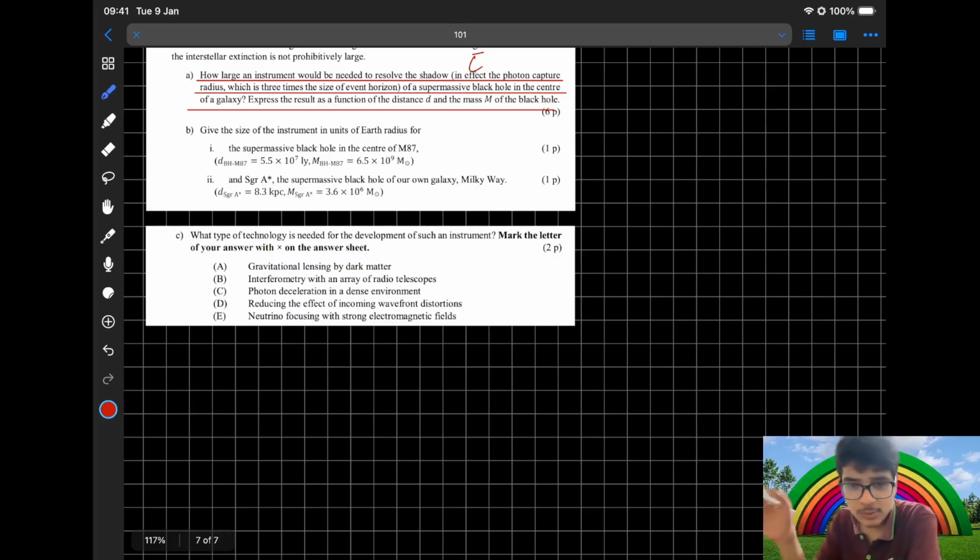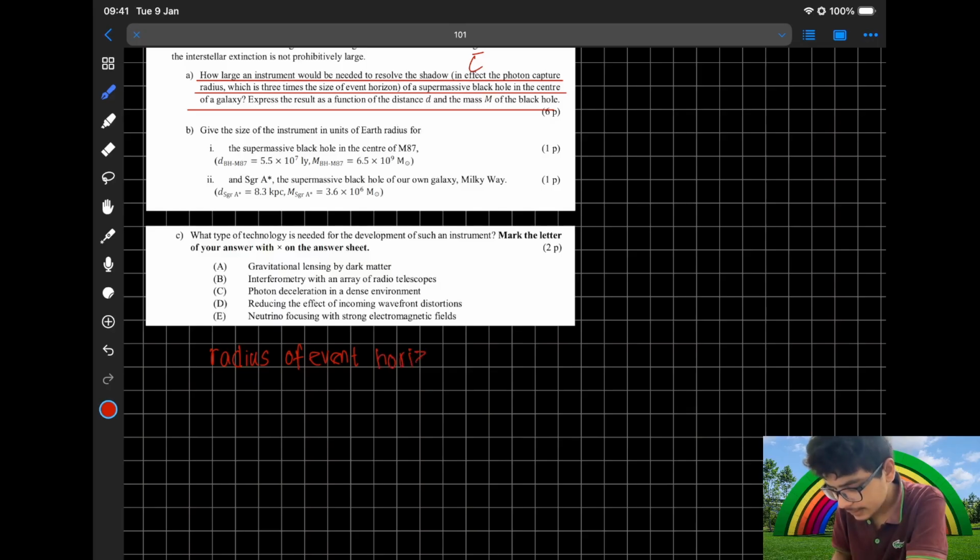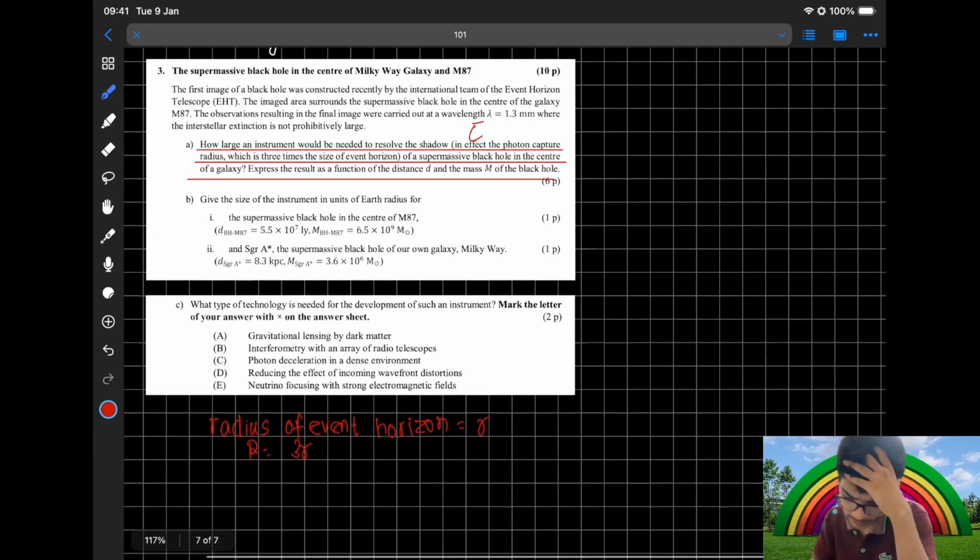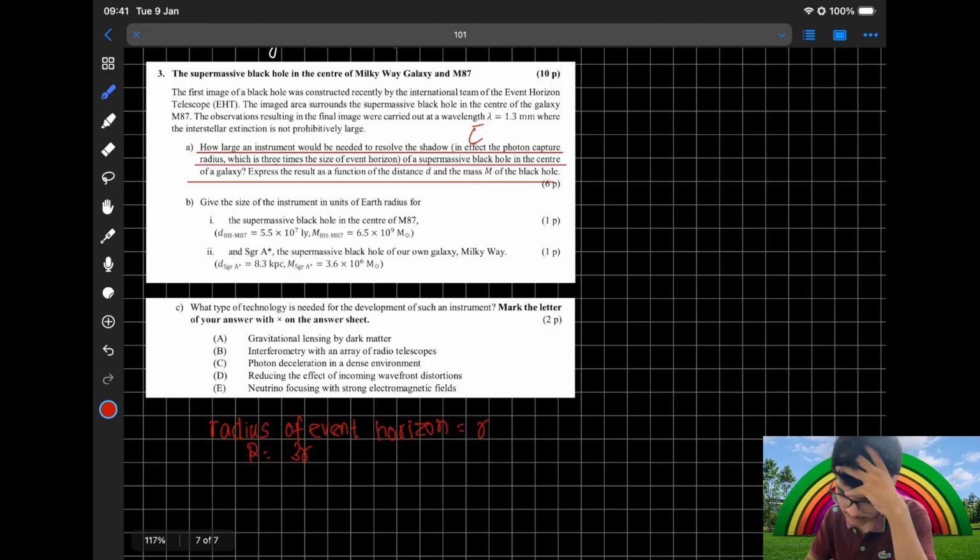So let us suppose that the radius of the event horizon be, let's say, r. Then we have this big R as 3r, because we have seen that it's three times the size of the event horizon, the photon capture radius.